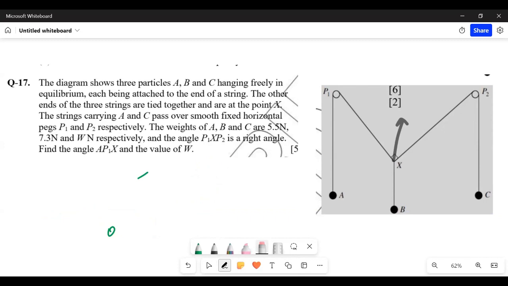Okay, so now let's take a look at the question. The diagram shows three particles A, B, and C hanging freely in equilibrium, each being attached to the end of a string.